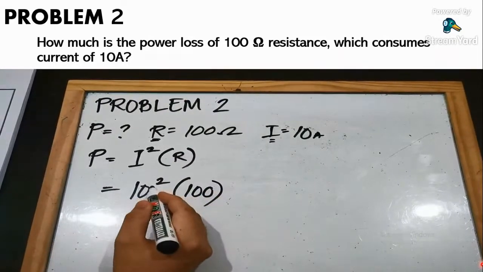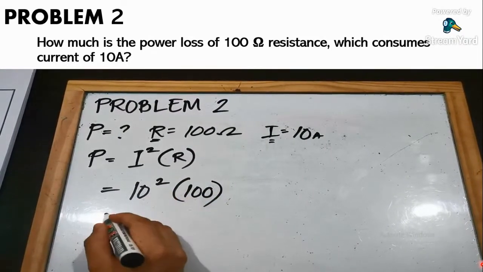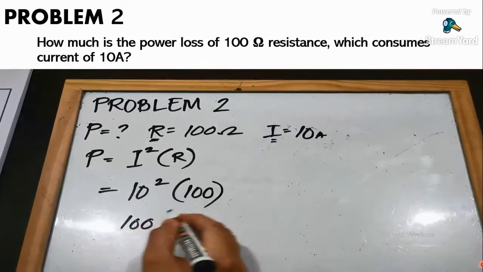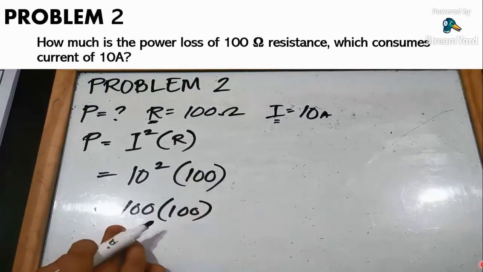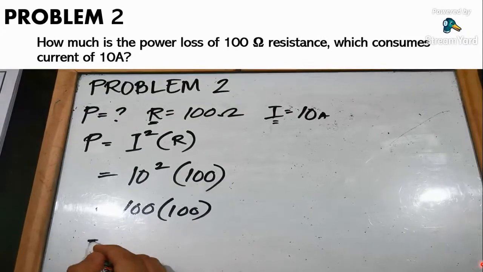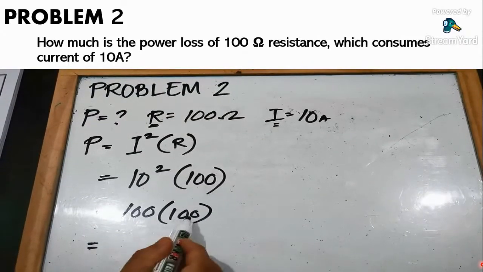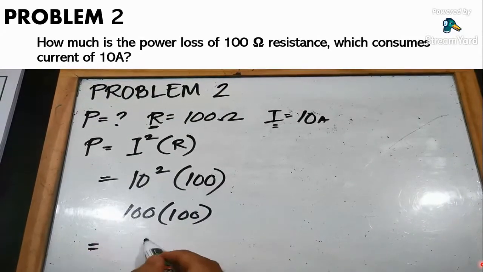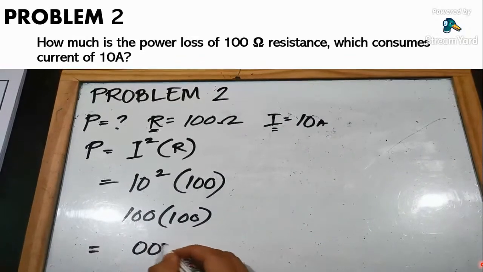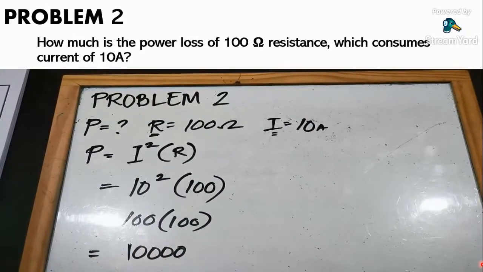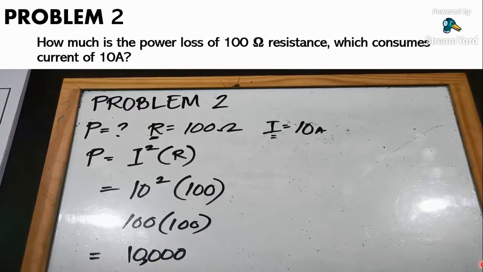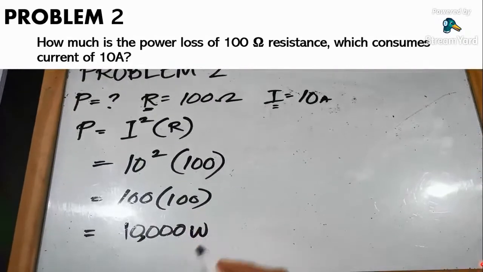Okay, 10 raised to 2 or 10 times 10 is equal to 100. Bring down lang natin yung 100 ulit. 100 times 100. Ang gagawin nyo lang dyan, shortcut, bilangin nyo yung 0. 1, 2, 3, 4. So, you have 1, 2, 3, 4. 1 times 1, that is 1. So, you have 10,000 watts.